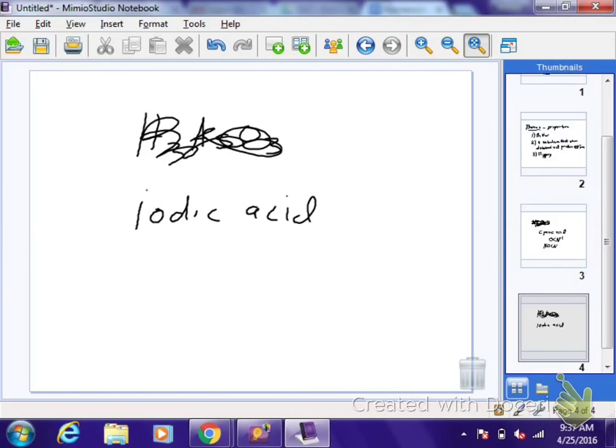What would be iodic would be iodate. Okay? And iodate's IO3, right? And what charge is it? -1, so it's HIO3. Iodic acid.